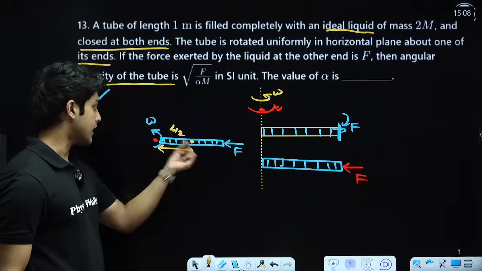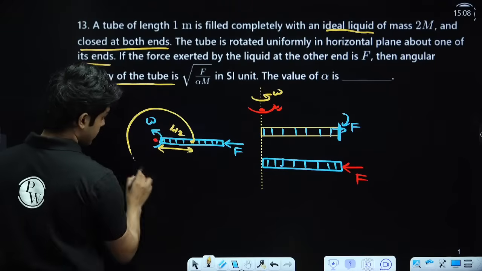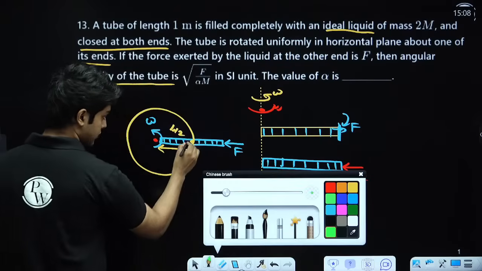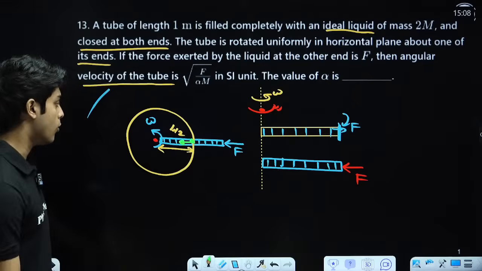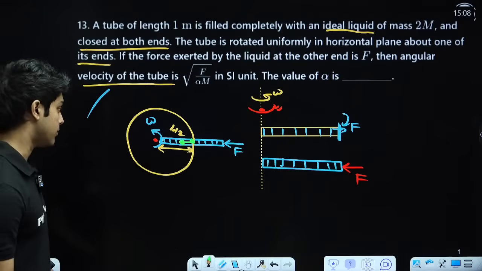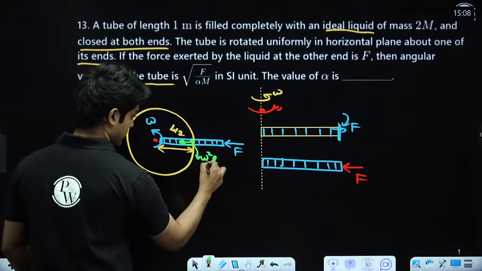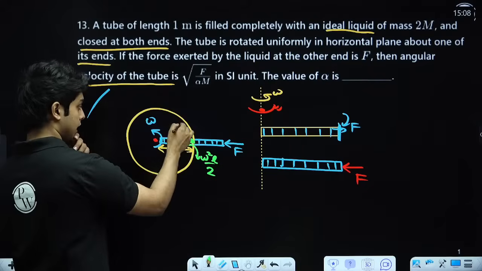What is the acceleration of the center of mass? The center of mass is moving in a circle of radius L by 2, so the acceleration is either omega square L by 2 or V square by R. I'm using omega square R, because it's moving in a circle of radius L by 2.